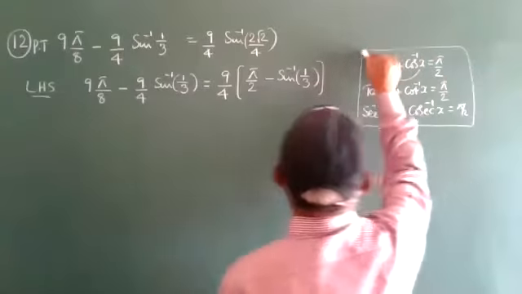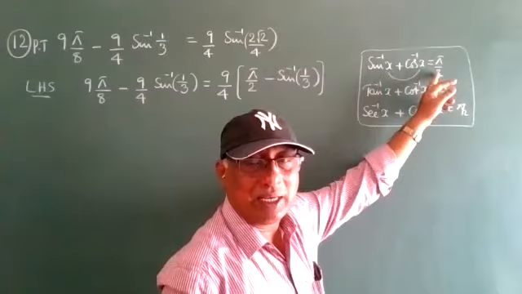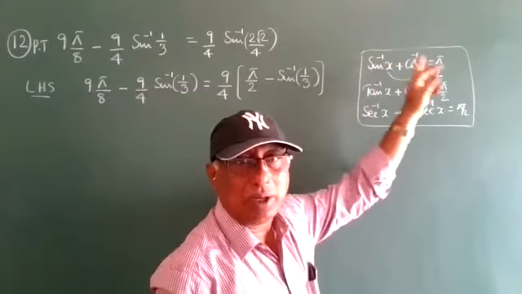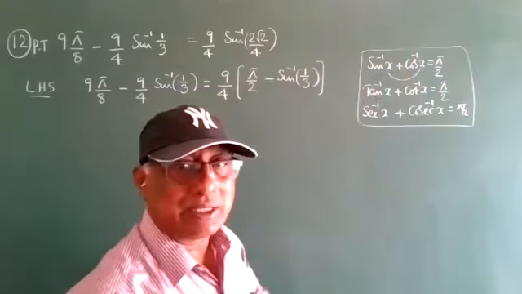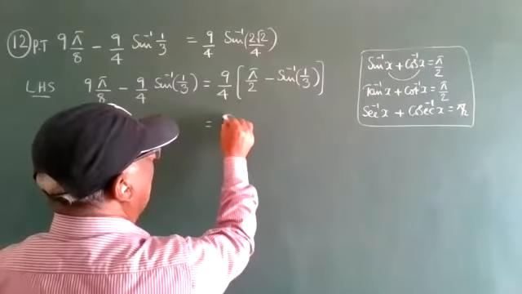Now I am going to use this: pi by 2 minus sine inverse x is equal to cos inverse x, by the known formula.